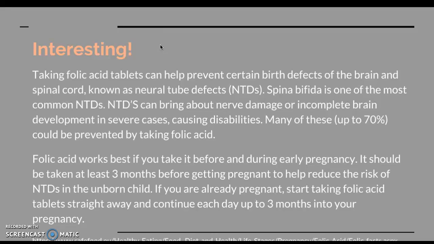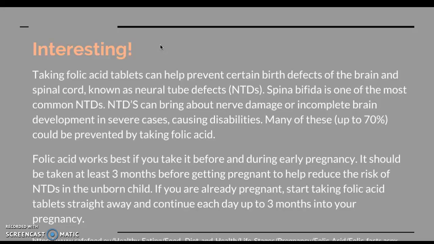Specifically, spina bifida is one of the most common NTDs, and these can bring about nerve damage or incomplete brain development in severe cases.